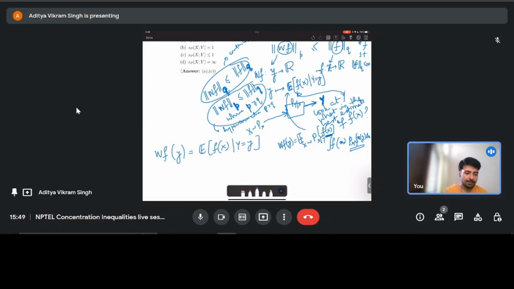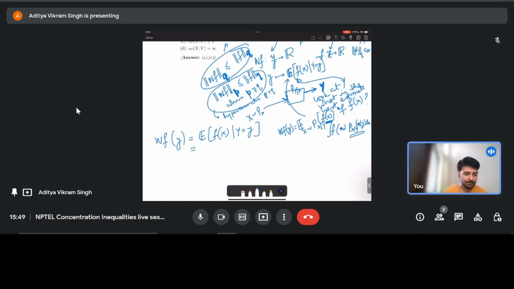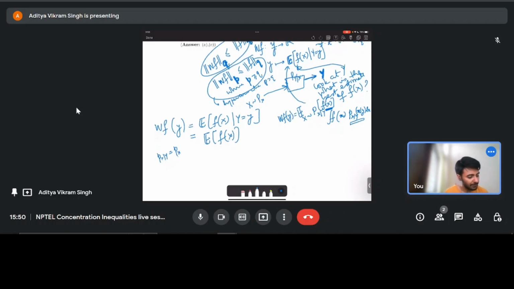Since x and y are independent, you don't get any information about x when you see y. So your conditional distribution p of x given y is the same as just the marginal p of x, because given y you don't get any new information, and this is true for all y.